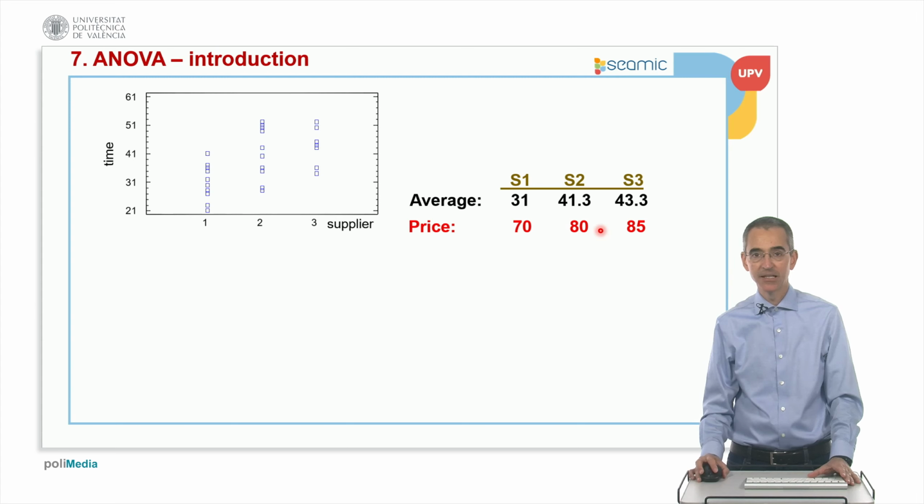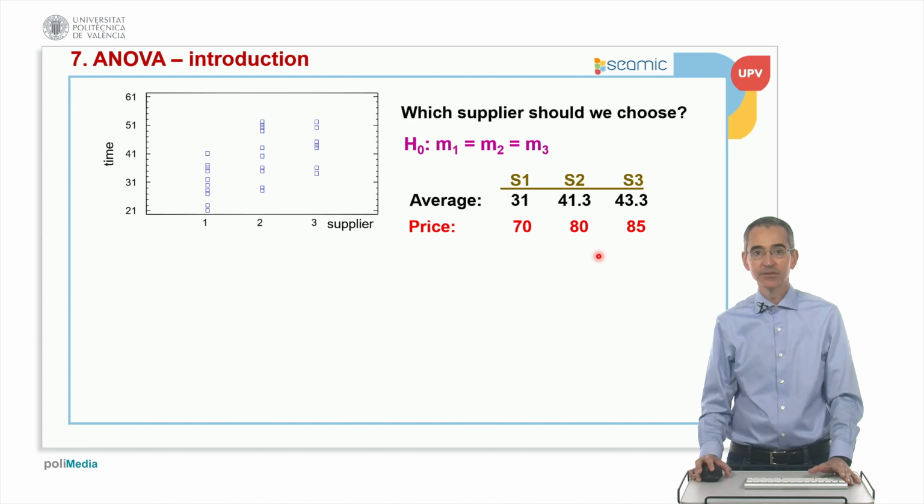Actually, if we make a hypothesis test to compare the second with respect to the third, probably the result of the test will be that there are no significant differences at the population level. This is what we are going to study in this tool. The null hypothesis is that the three suppliers have the same average at the population level.